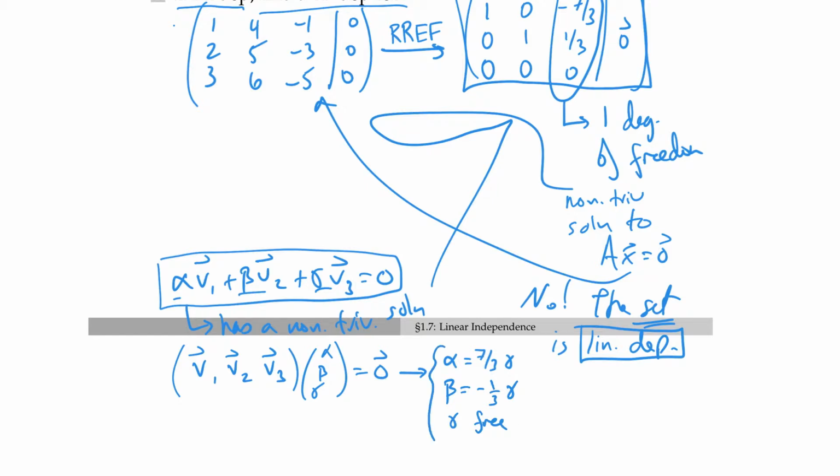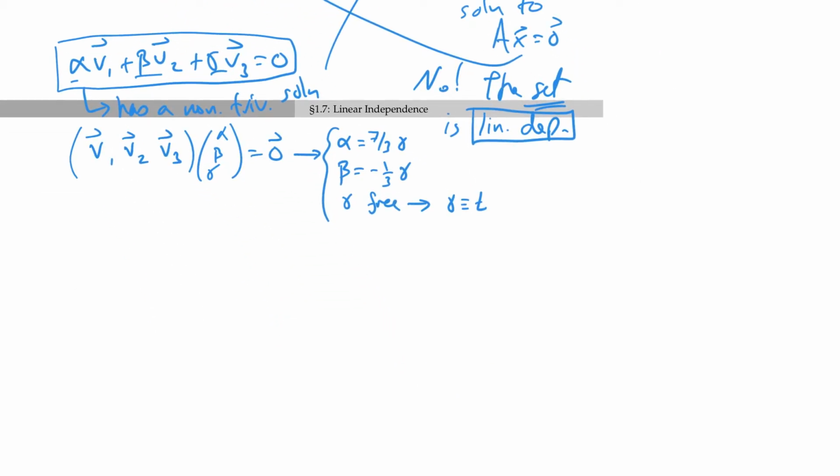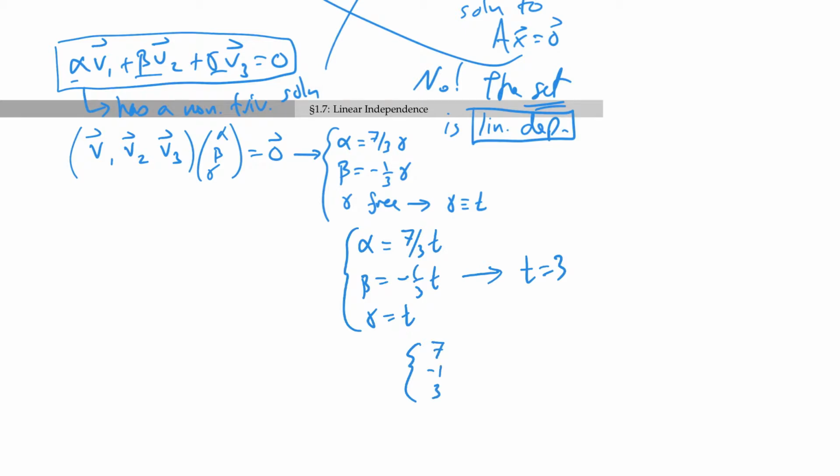Gamma being free, let's set gamma equal to some arbitrary value t, so that our system is alpha equals 7/3 t, beta equals -1/3 t, and gamma is t. Since t is arbitrary, I'm going to choose t to be 3 because I do not like fractions.